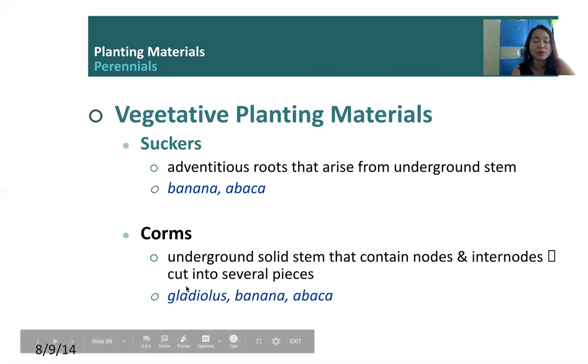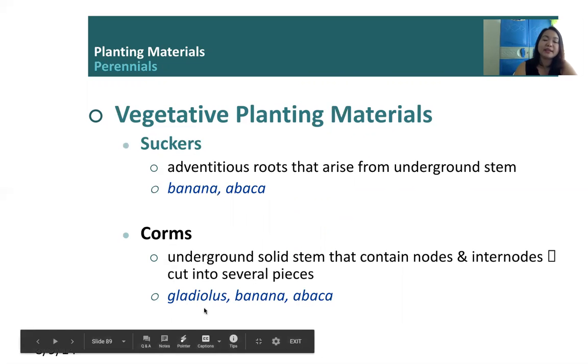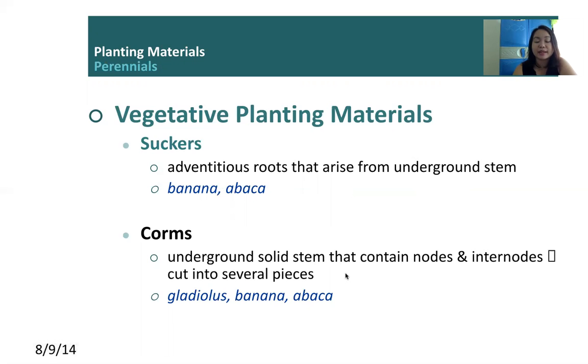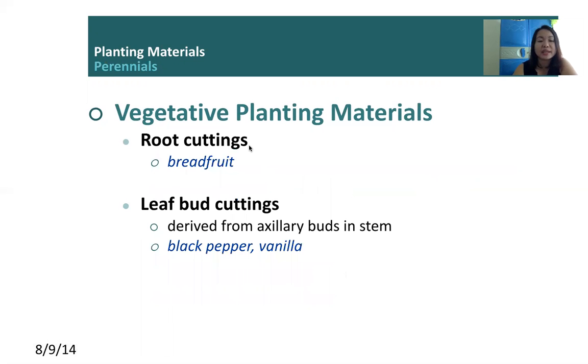We also call corms, even for banana, gladiolus, and abaca, underground solid stems that contain nodes and internodes, which are cut into several pieces. We use corms for tissue culture. And root cuttings for breadfruit, and leaf bud cuttings from axillary buds in stems like black pepper and vanilla.